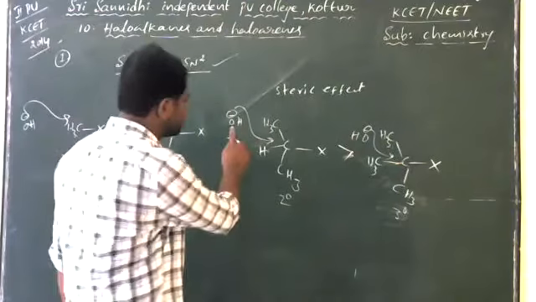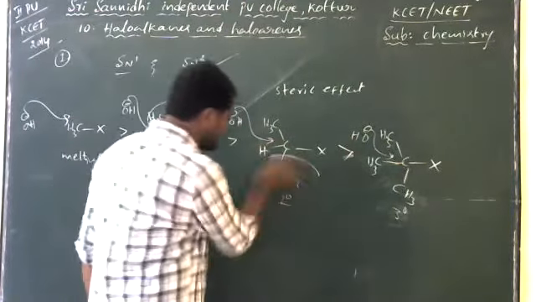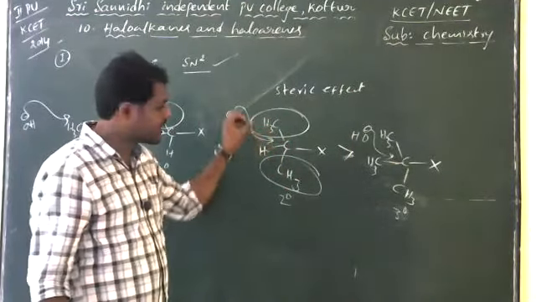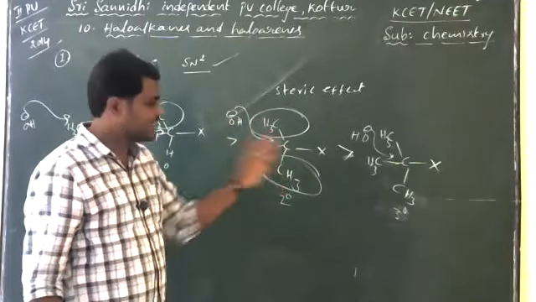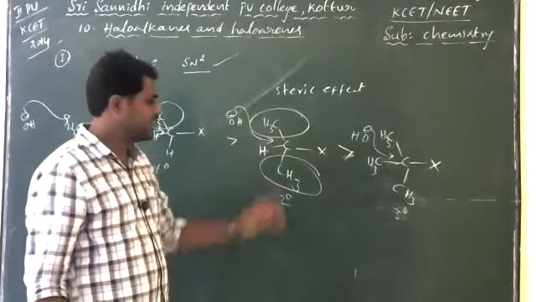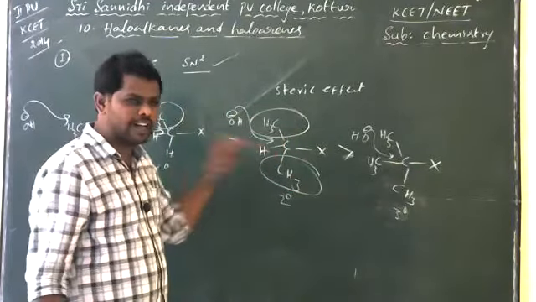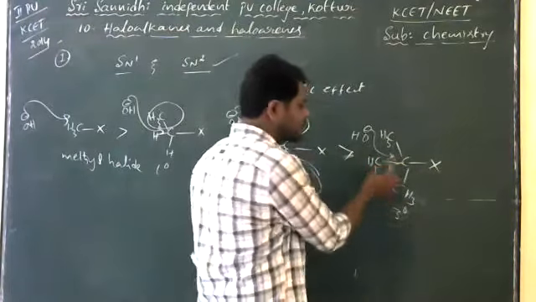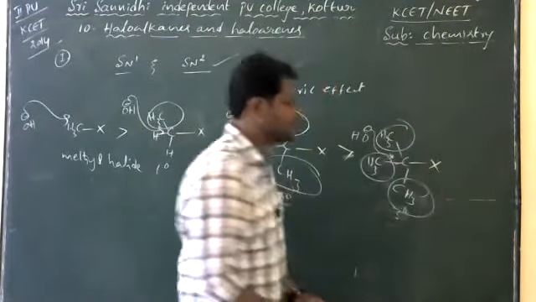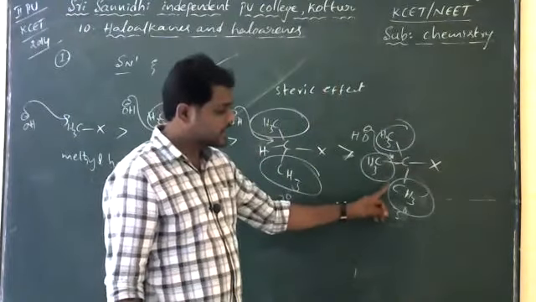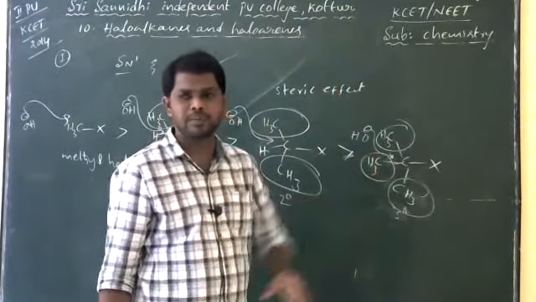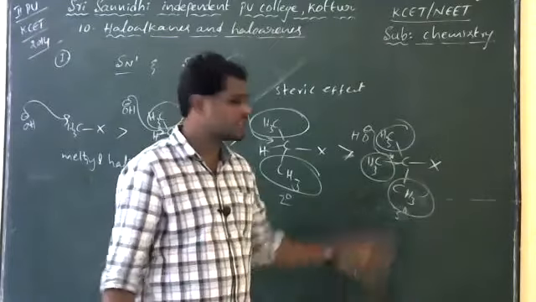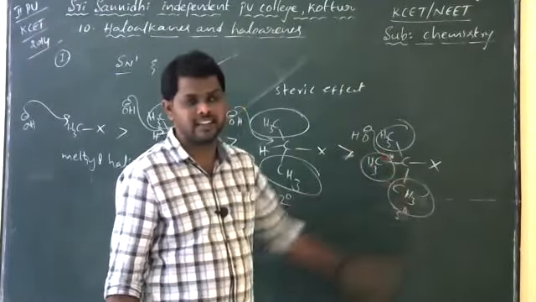Then in the case of the secondary halide, the OH minus nucleophile enters, but there are two groups, so the bulky nature increases further. The steric effect, the electron cloud, increases more and more going from primary to secondary and tertiary. That's why it is difficult for the nucleophile to attach from the backside of the halide. In the tertiary case, three bulky groups are present, the crowd increases, and it is very difficult for the OH minus nucleophile to enter.